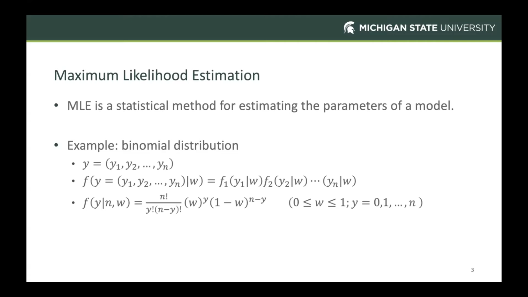And so in that context, for a given sample size n and a given value of w, which in this case would basically be the average probability of success, or the probability of the outcome being yes, or y being equal to 1, essentially, we can determine how likely it is that we'd experience any number of successes, in this case, y within those n trials, essentially. Okay, so hopefully this looks familiar to everyone. And then by definition, that parameter w is going to range between 0 and 1.